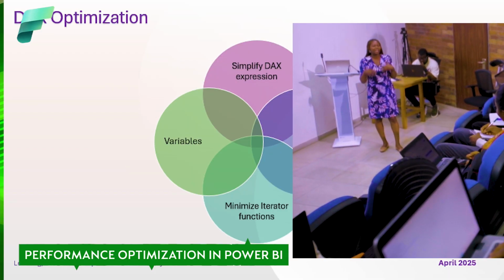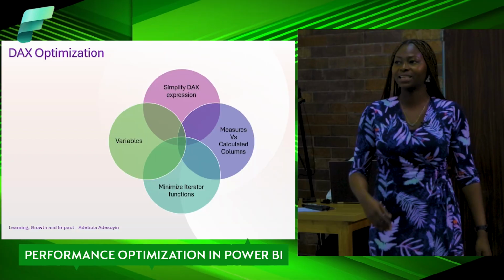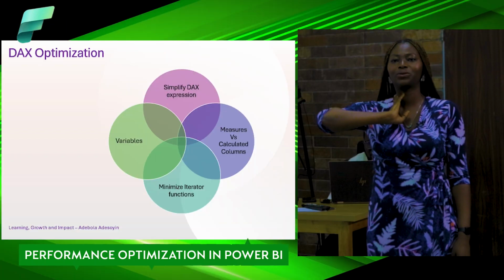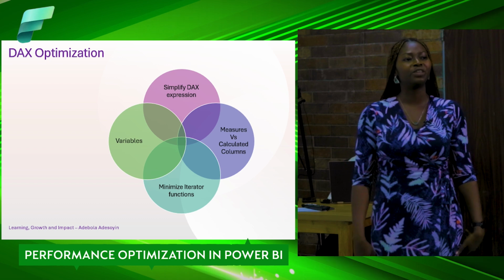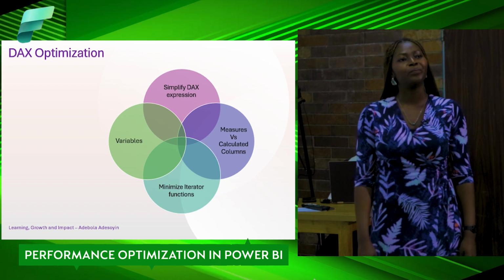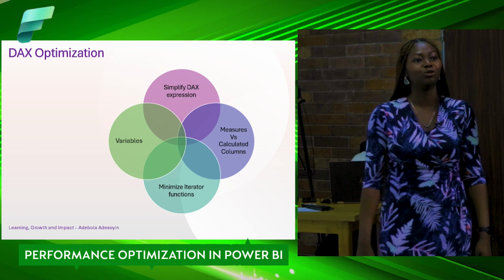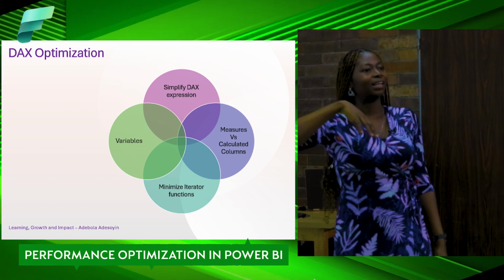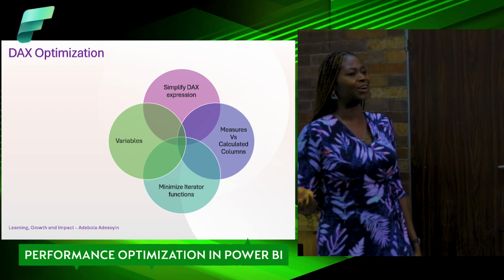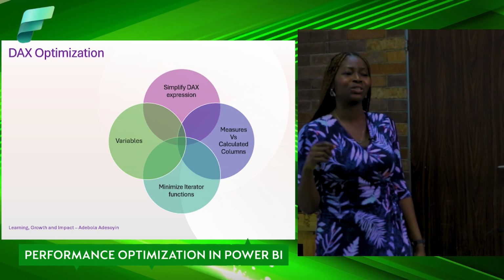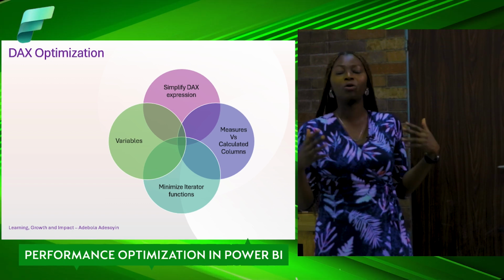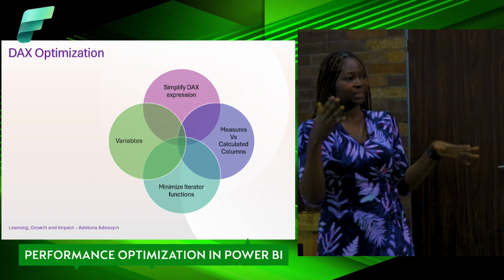And then for DAX optimization, we all use DAX measures, calculated measures and the likes, which is very, very good. When doing all these DAX, some of us will just complicate matters and write long DAX measures that you yourself will not even be able to understand later on. You open the report and you're like, let me try to understand this DAX. But you can simplify those DAX measures and your expressions.